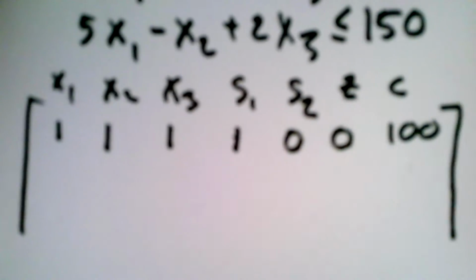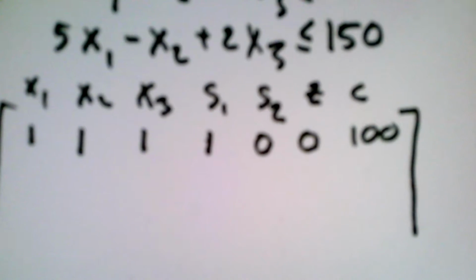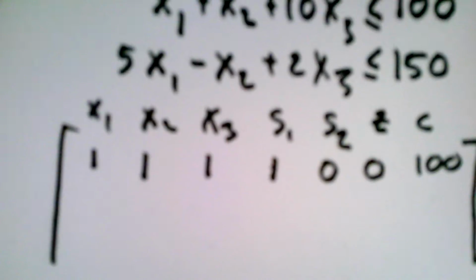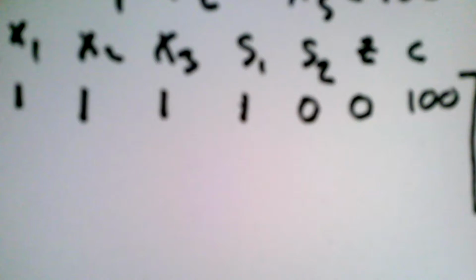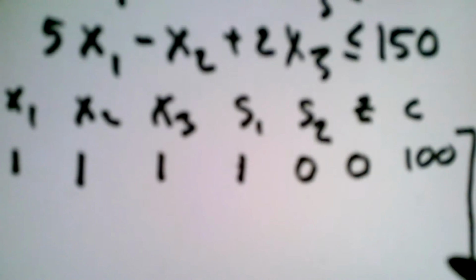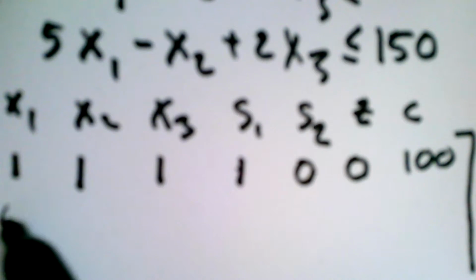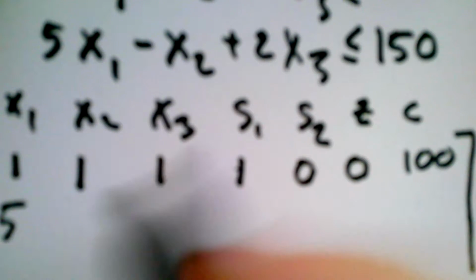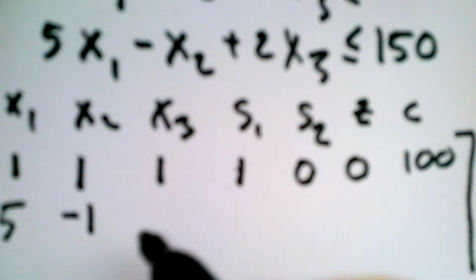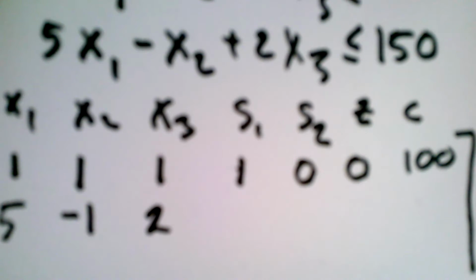Okay, so this is what we have for our first row of our matrix. Second row, we get the same way. We're going to have 5x1 minus 1x2 plus 2x3.